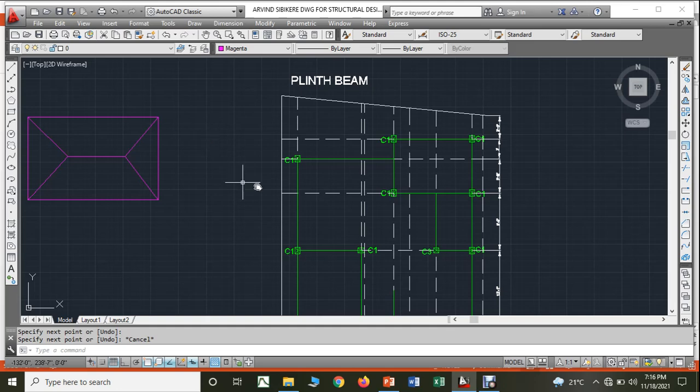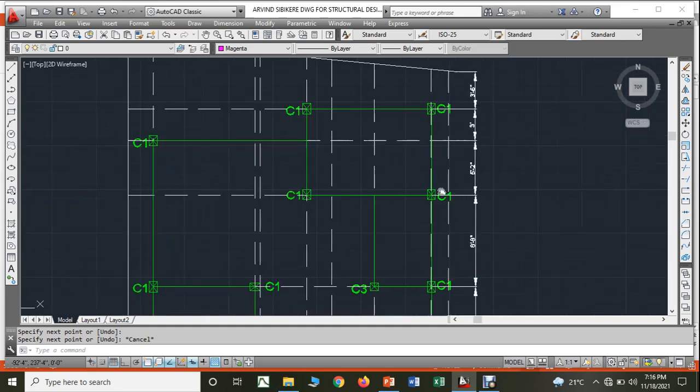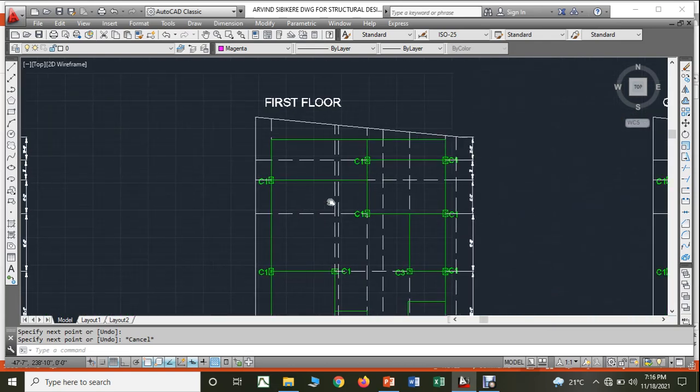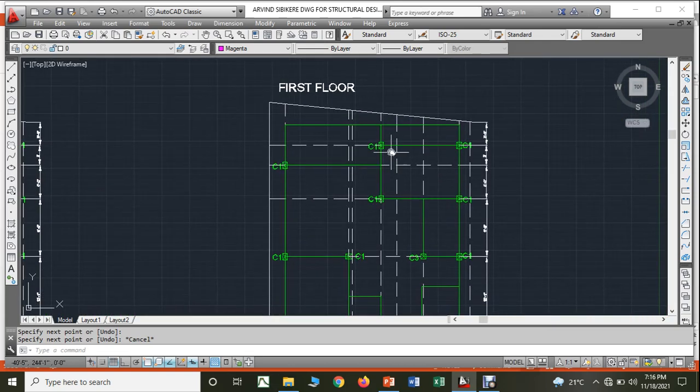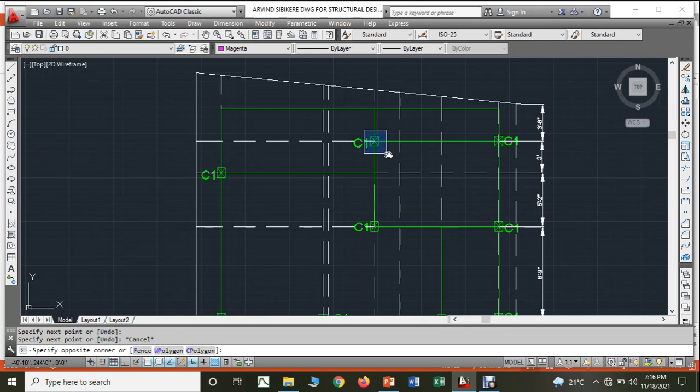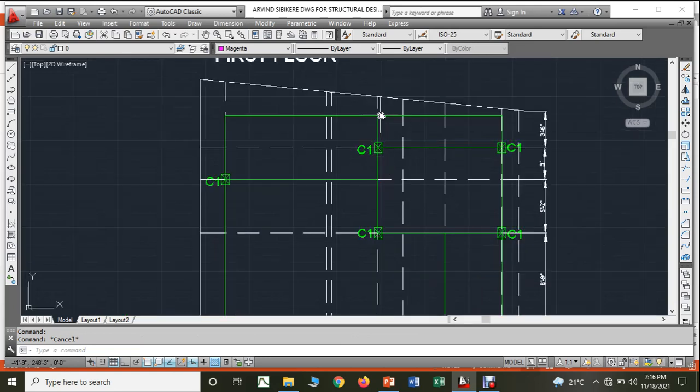For example, let us take this first floor plan. Now just see, students, let us consider this column. I don't know the dimension of the column, let us consider this column. You can clearly note that there is a beam coming here, and a beam coming here, and a beam coming here.